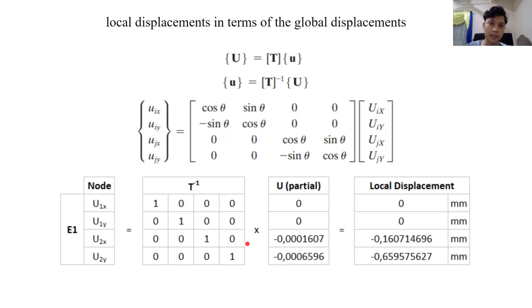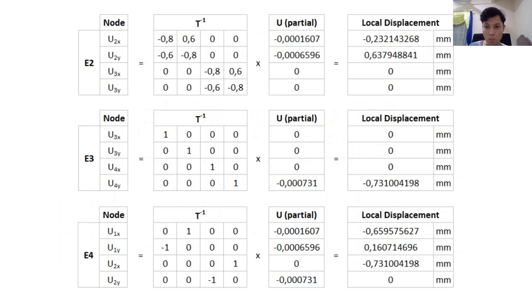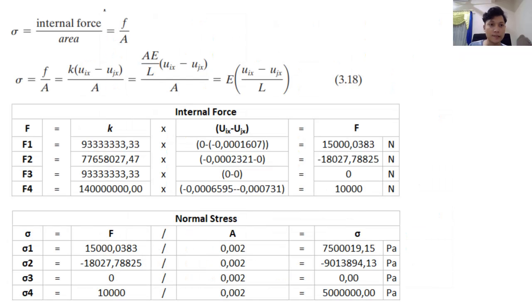And this is the local displacement in terms of the global displacement. And then here is the exact calculation of the internal forces and normal stress of the members using formulas from the related reference.